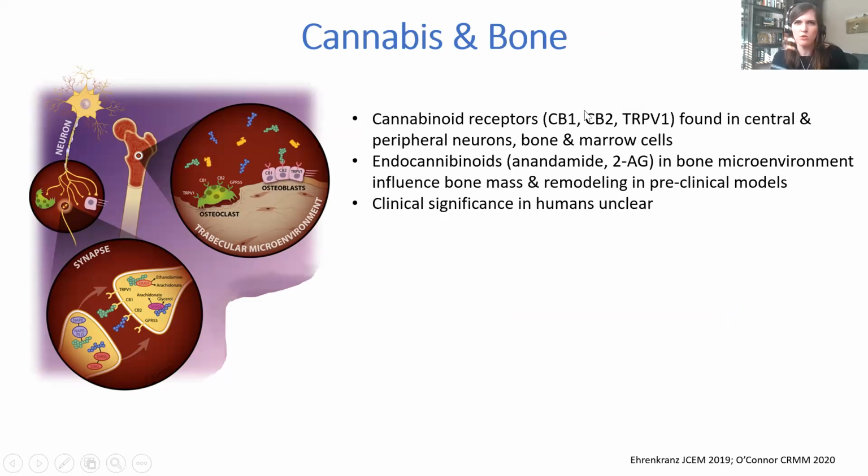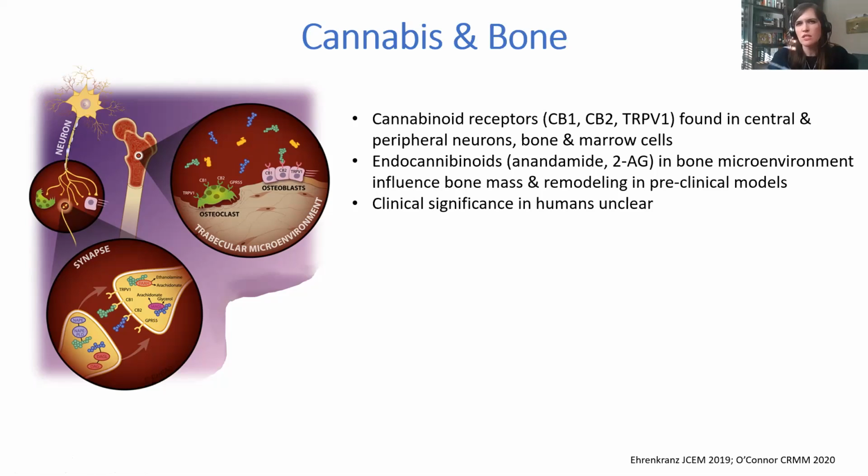We find cannabinoid receptors in central and peripheral neurons, and we also find them in bone and marrow cells. This includes osteoclasts, osteoblasts, and osteocytes. Also, endocannabinoids are highly present in the bone microenvironment because they're produced by bone cells and by neurons. And there's evidence in preclinical models that these proteins influence bone mass and remodeling.